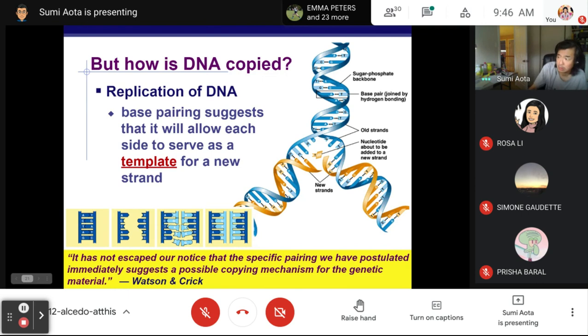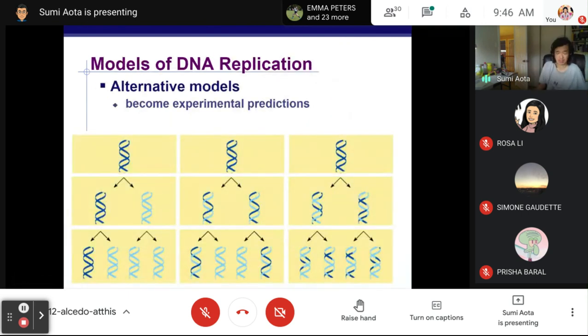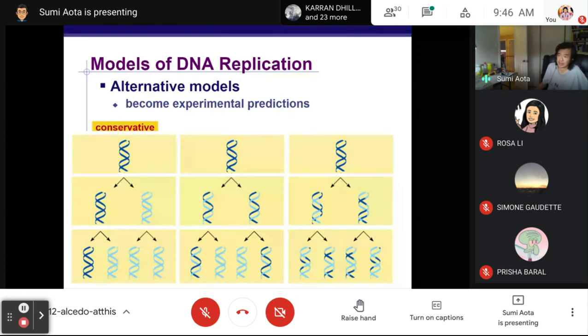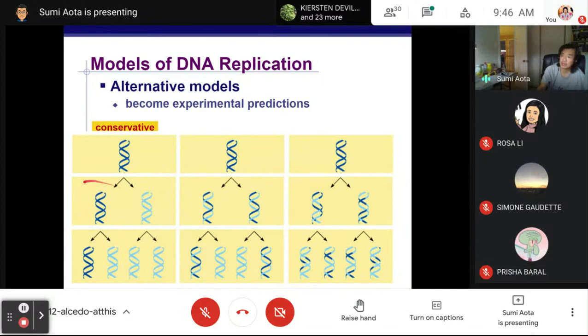The question is, how is that copying done? There are basically three ideas. Idea one is called conservative replication. In conservative replication, the new strands are made, and then the new strands pair up, and the old strands pair up.